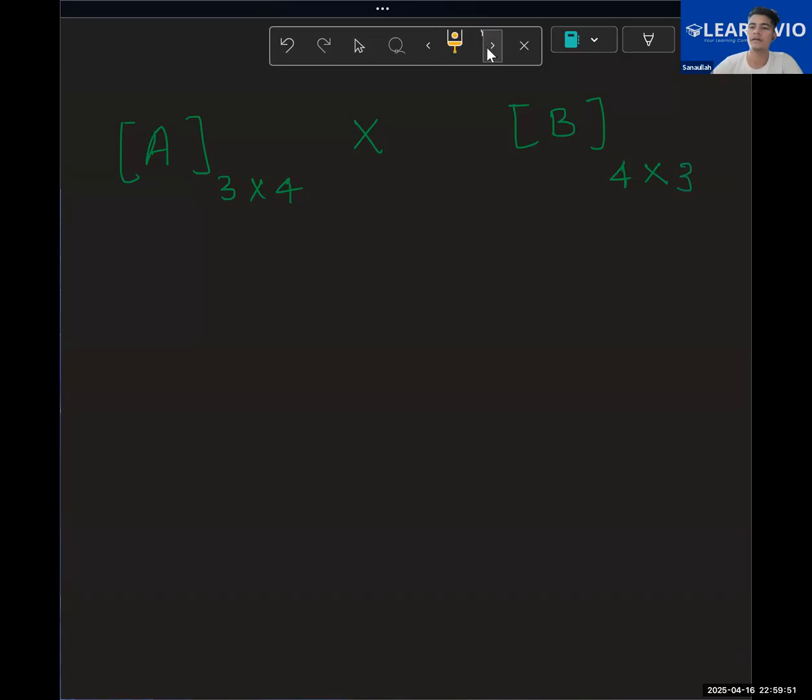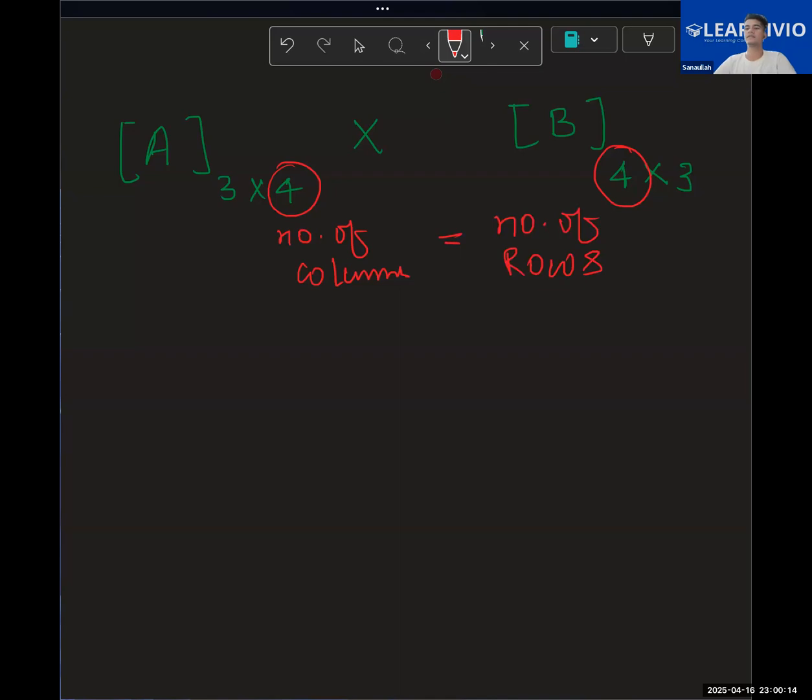Then only we can multiply. बताया था ना मैंने. Why? Because the number of columns should be equal to the number of rows. ठीक है.